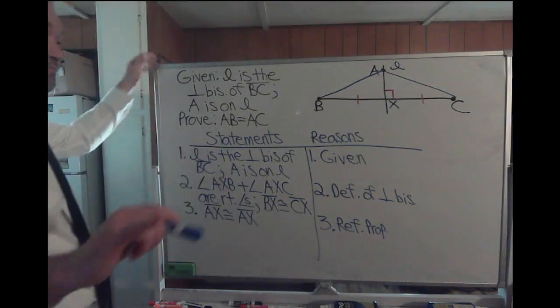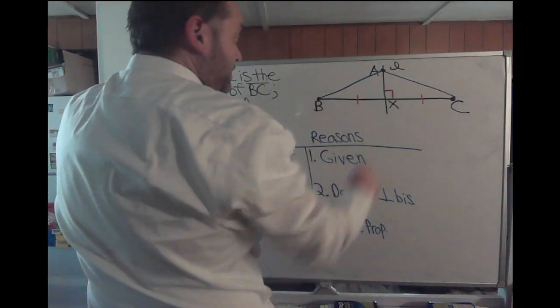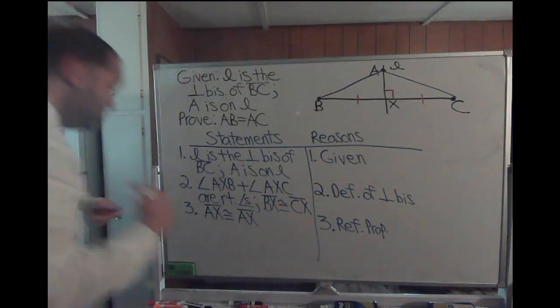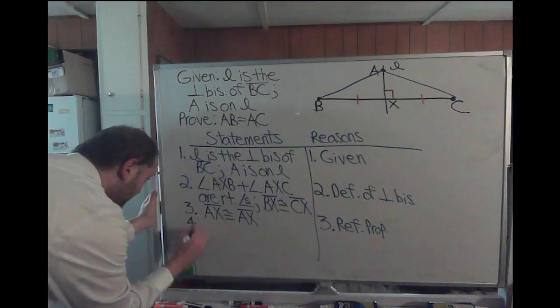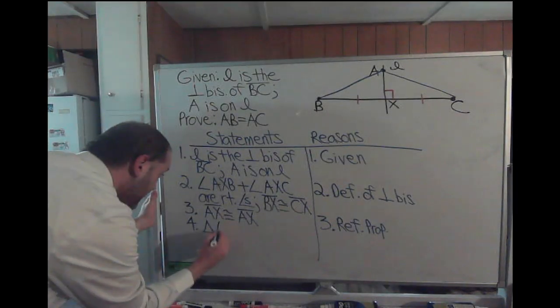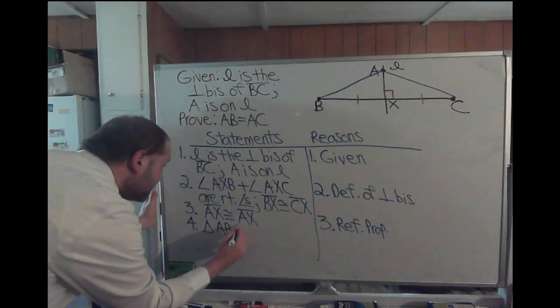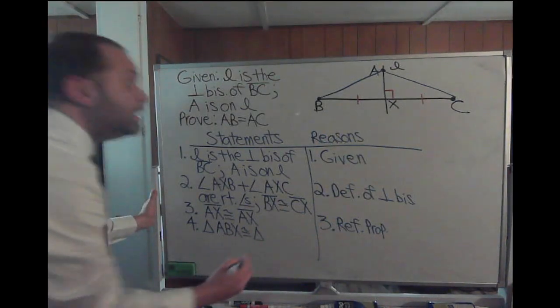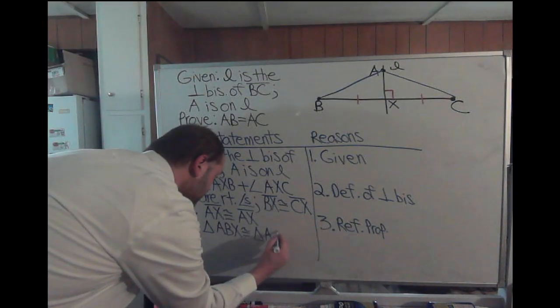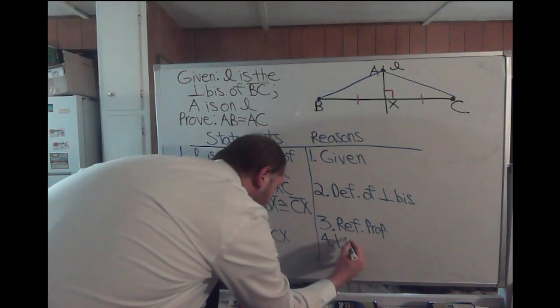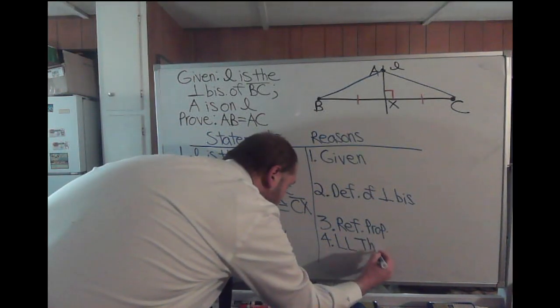So now we have right triangles, we have a leg and a leg congruent. We can go ahead now and conclude that triangle ABX is congruent to triangle ACX by the LL theorem, the leg-leg theorem, which we can use for right triangles.